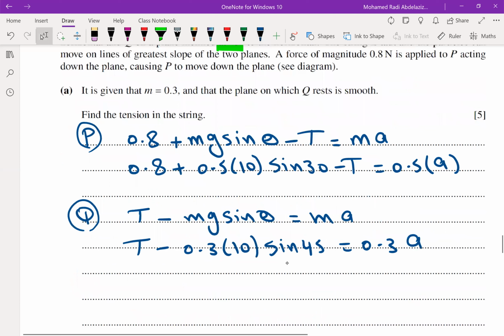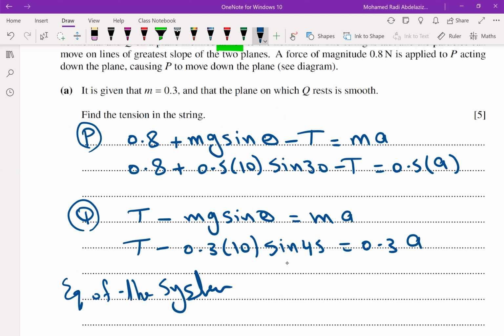So the equation of the system: you can write it directly by adding.